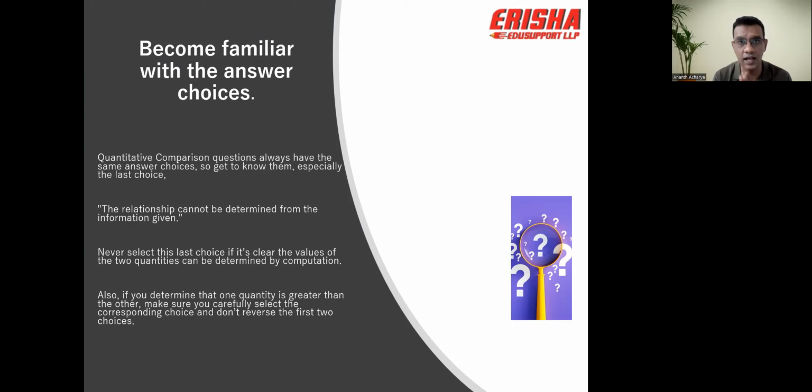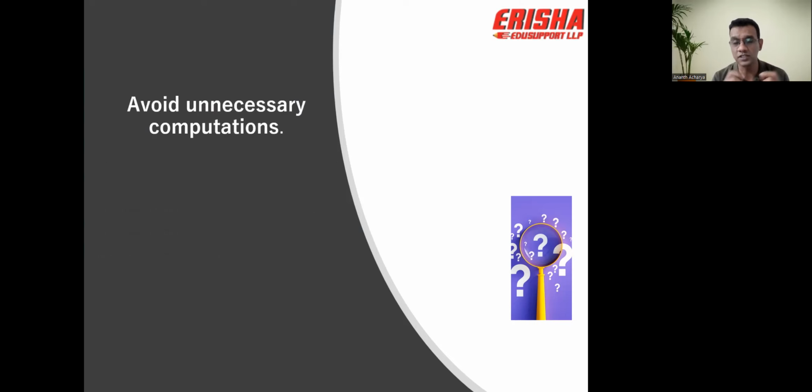So never select this last option if it is clear that the values of the two quantities can be determined and compared. Also, if you determine that one quantity is greater than the other, make sure you carefully select the corresponding choice and don't reverse the two answer options, because one option says quantity A is greater and one says quantity B is greater.